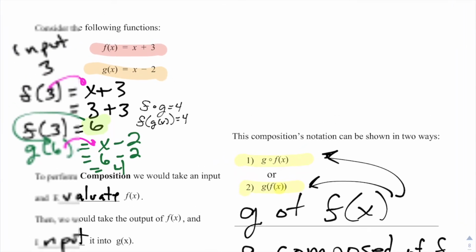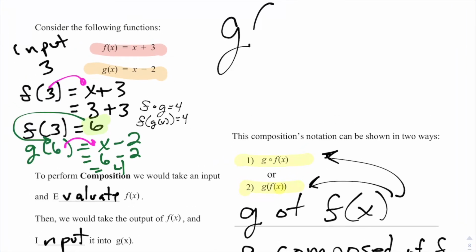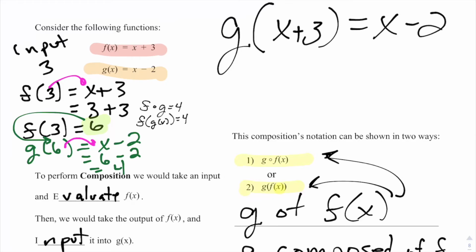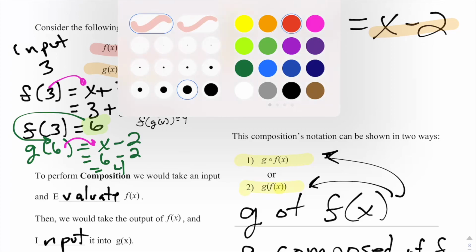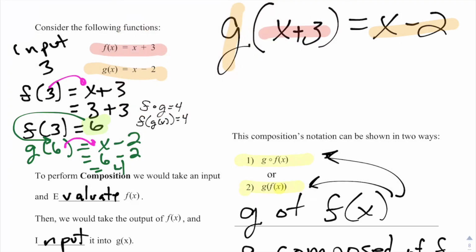So let's do g composed of f. So we have g, and anywhere we see x, we want to plug in what f of x equals. Our g function is x minus 2, and our f of x function is x plus 3.